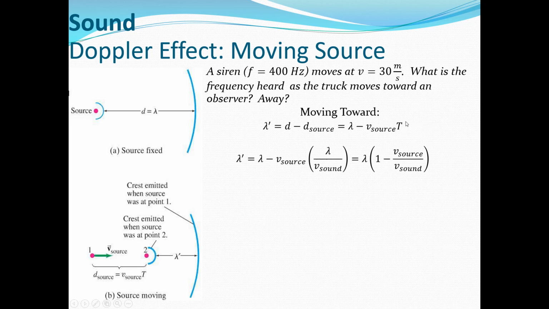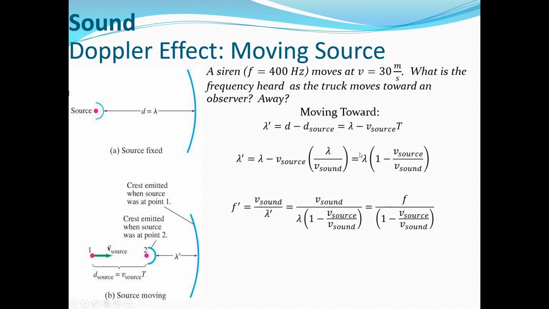Period can be replaced with 1 over the frequency, which is equal to lambda over the speed of the sound wave. We pull a lambda out from both terms and clean it up, and we get this.